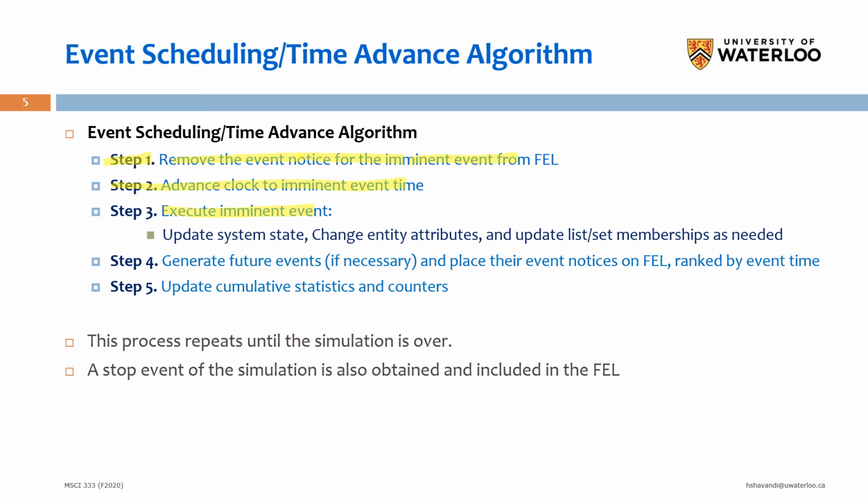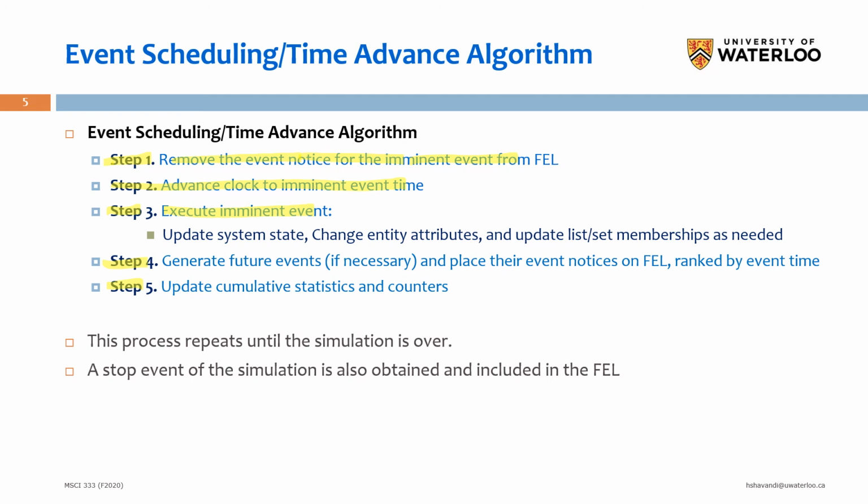Then we generate the future event if necessary. For example, if it's an arrival, then at this time we generate an inter-arrival time for the arrival of the next entity, and that event will be included in the future event list with its time. At the end we update cumulative statistics and counters.